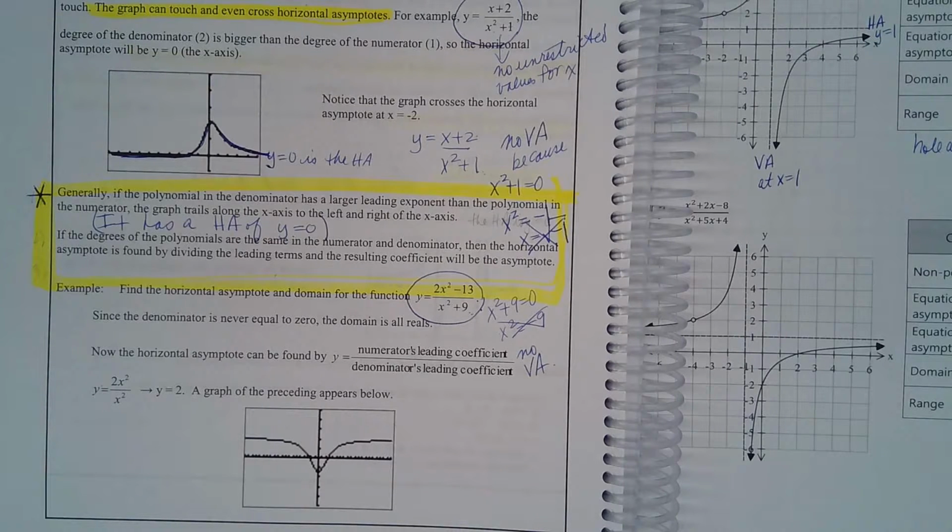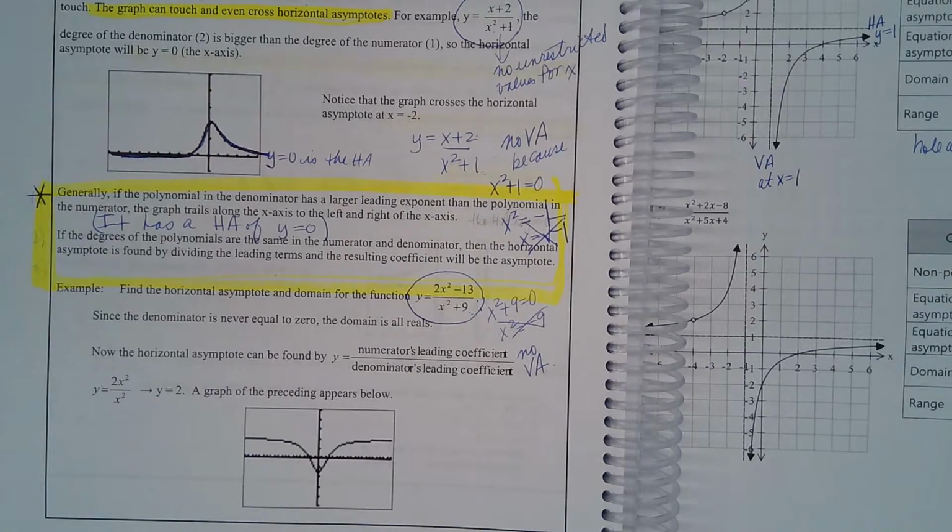Another example, the ones we just saw a lot of: y equals x squared plus something over x squared plus 8. What's the coefficient? 1 over 1, which is how we got a horizontal asymptote of 1.